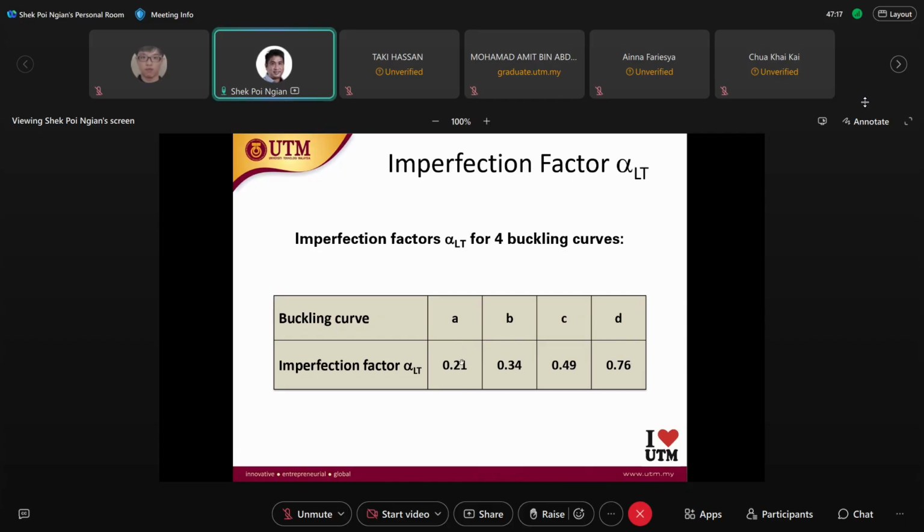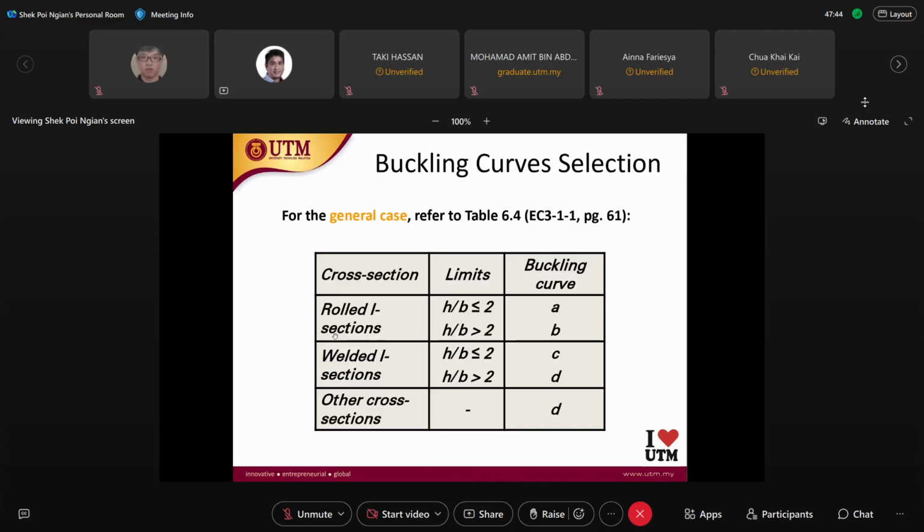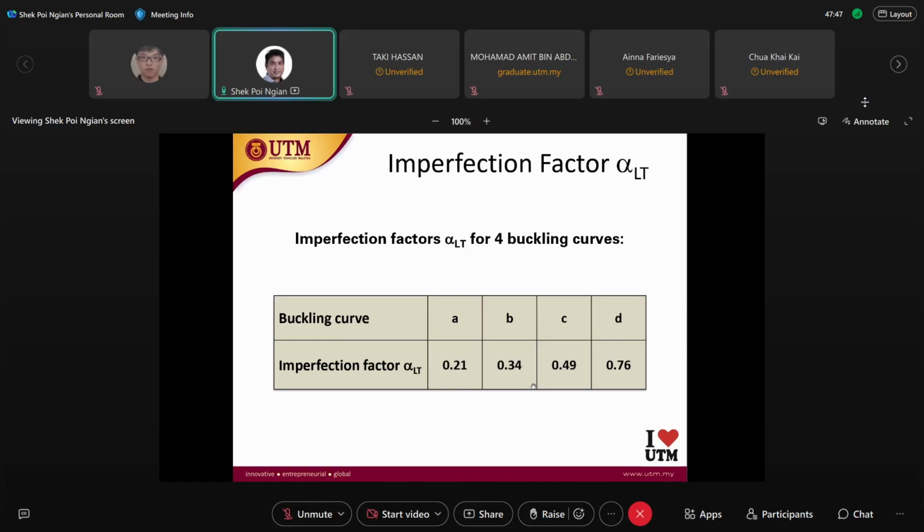The higher value for the imperfection factor will give you a lower reduction factor, meaning more reduction. A small value for chi means more reduction, then your buckling resistance will be lesser. So curve A is the highest curve, and curve D is the lowest curve that gives you a lower resistance.